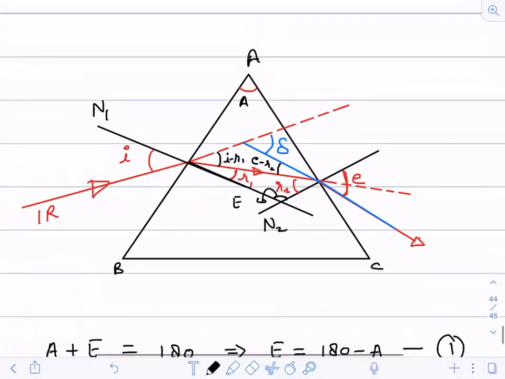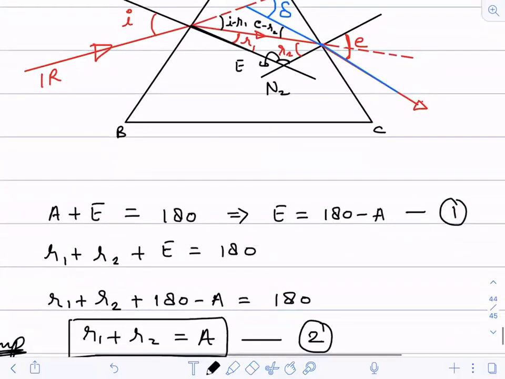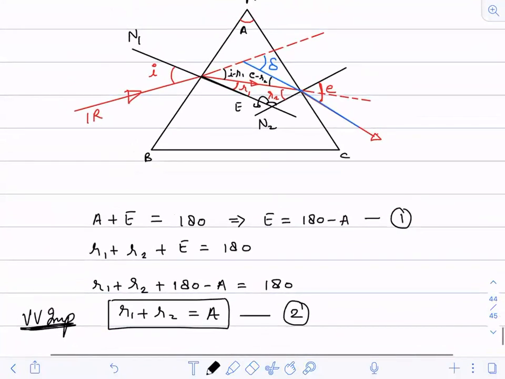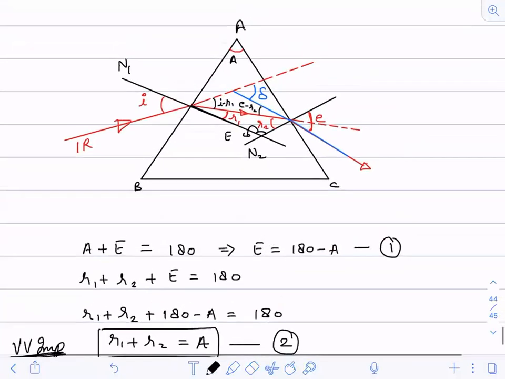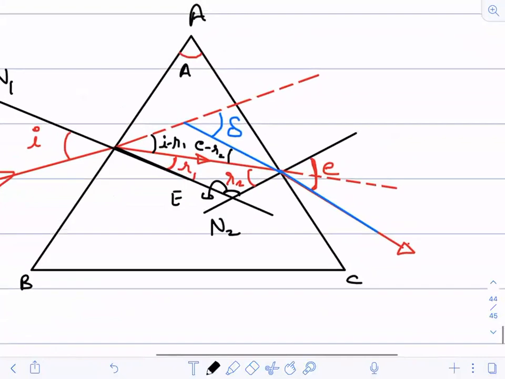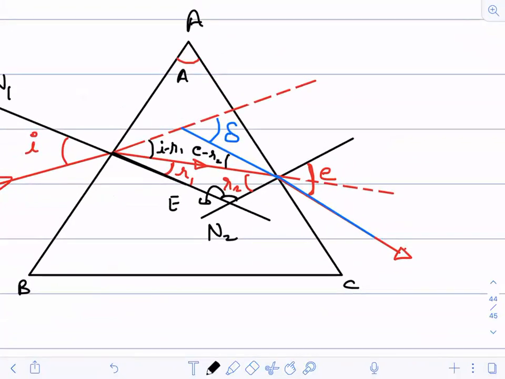Now, if you can see here, can I write this delta as I minus R1 plus E minus R2? Can I write delta as the summation of two opposite angles?